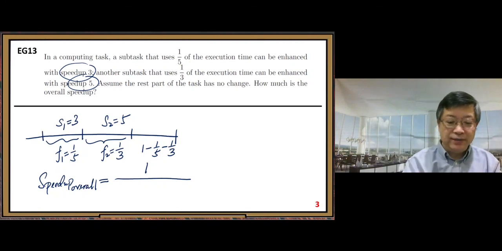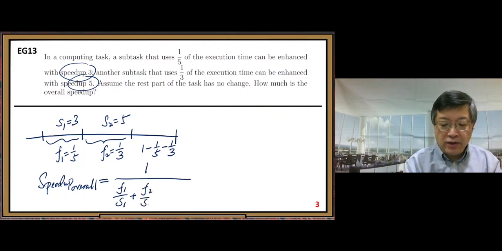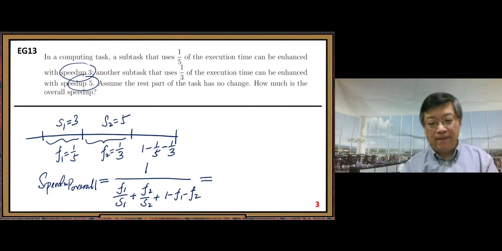Then F1 over S1, plus F2 over S2, plus 1 minus F1 minus F2. That's simple and straightforward.